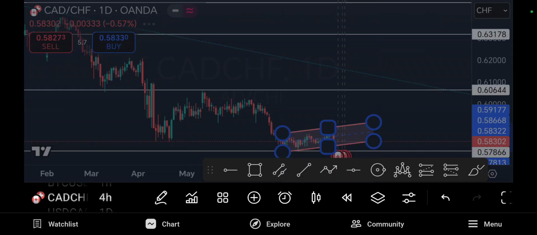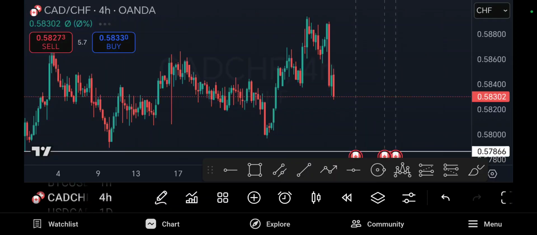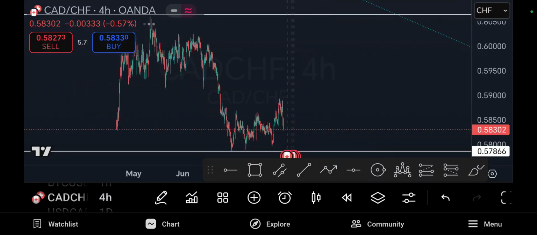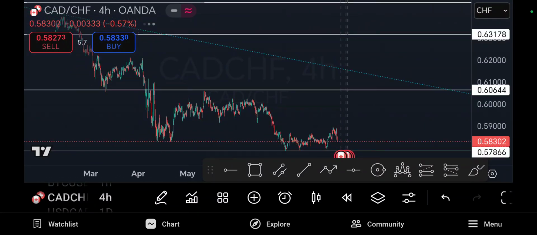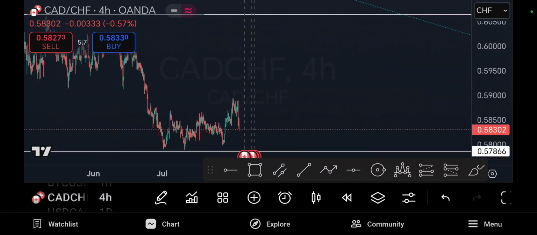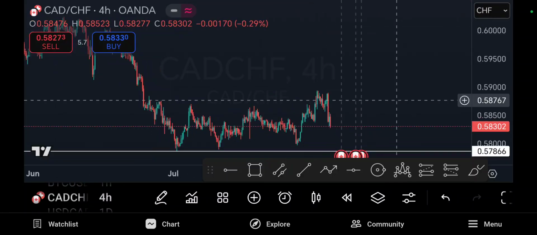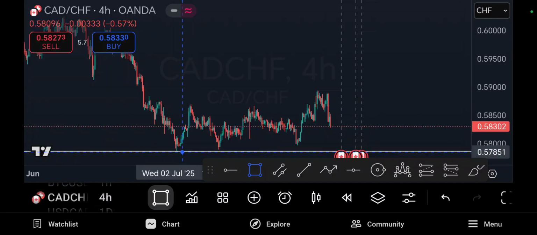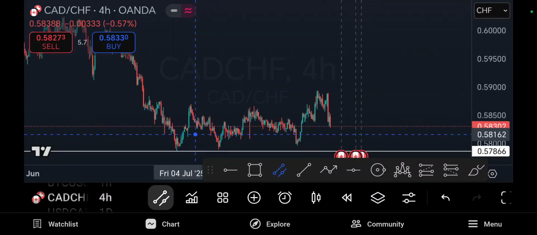See, so here already I'm anticipating sales. I'm anticipating the market to break below this zone here, break below it, push to the downside, and that's about it. I'm done on CTCHF.